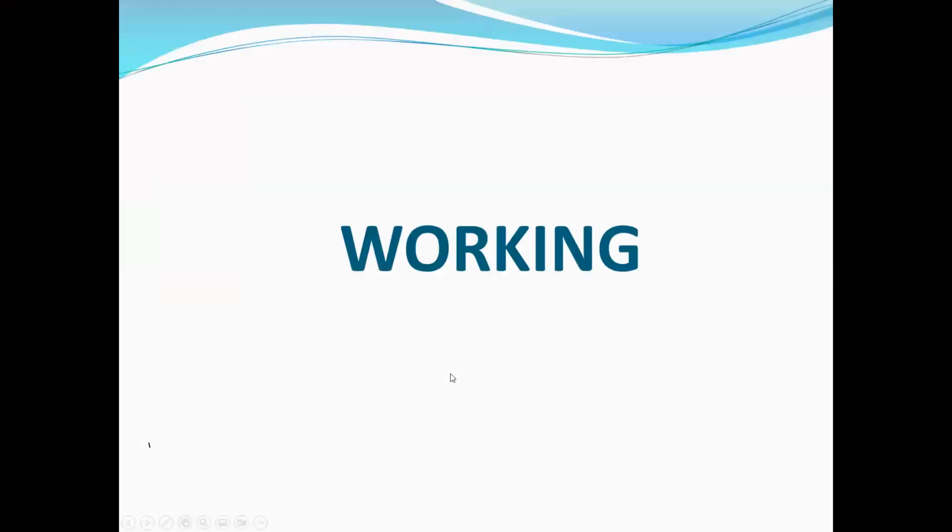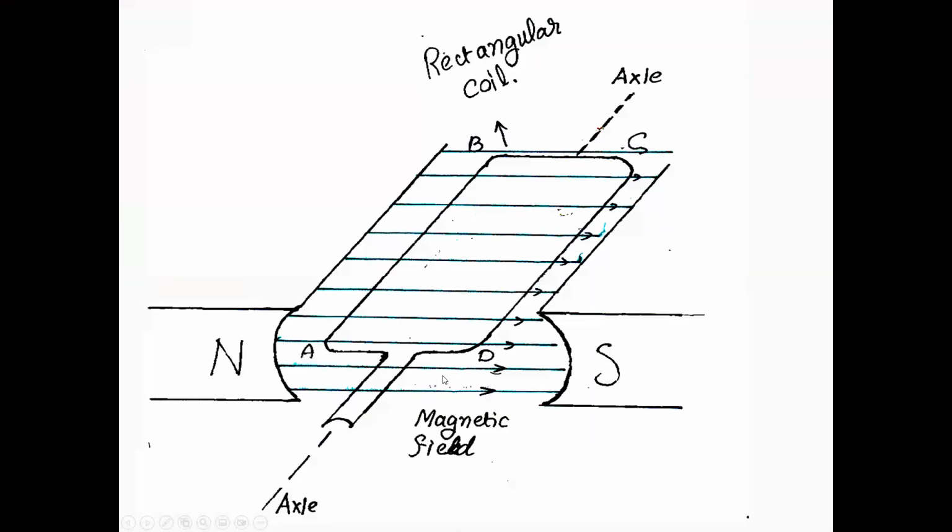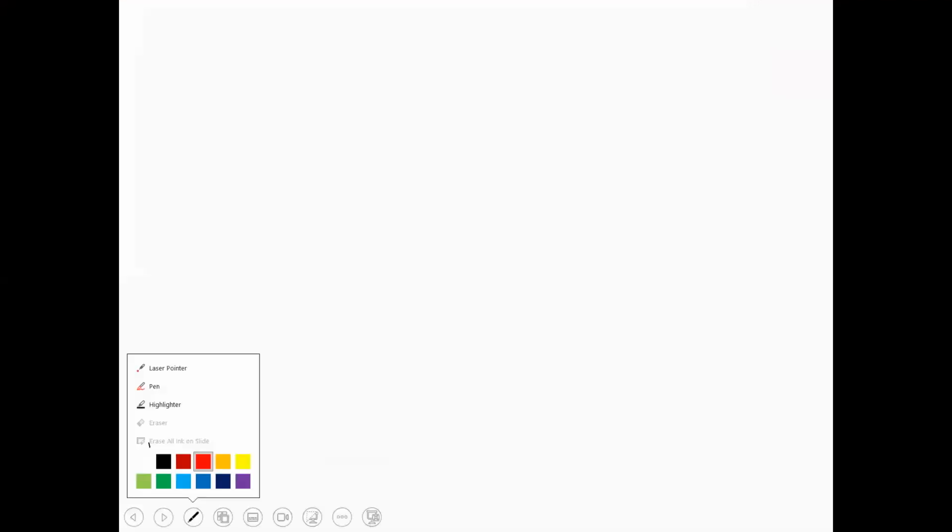We are doing the working of a DC motor. This is the diagram of a DC motor. There is a rectangular coil and we will send current in the coil. So how does the motor work?